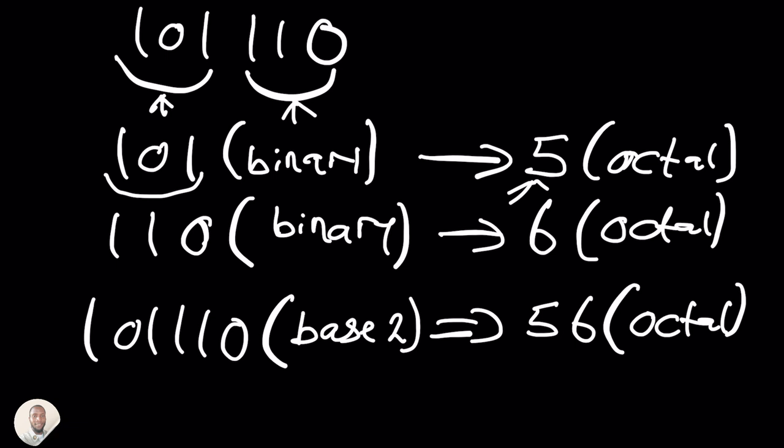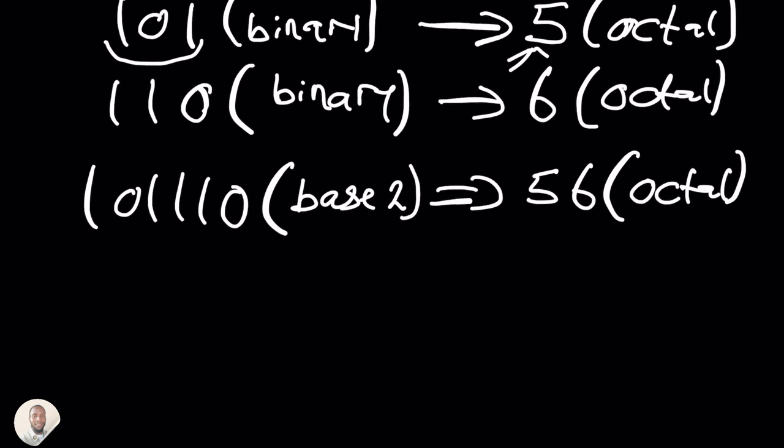Next, we can consider why use octal instead of binary or decimal. The major reason why we might like to use octal instead of binary is, one, it is easier to read.